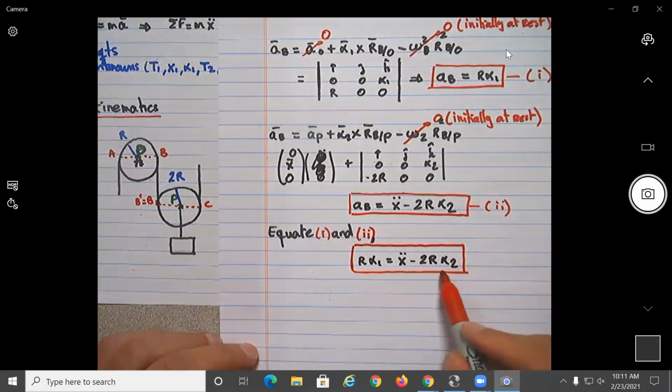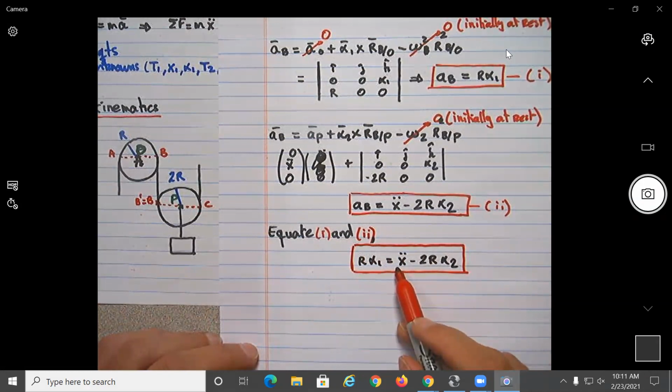Okay, so this gave you a relation between alpha 1 and alpha 2 in function of x double dot, no? Which is what we needed to do.